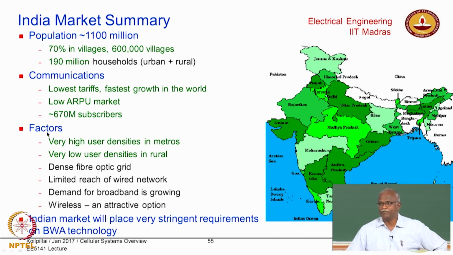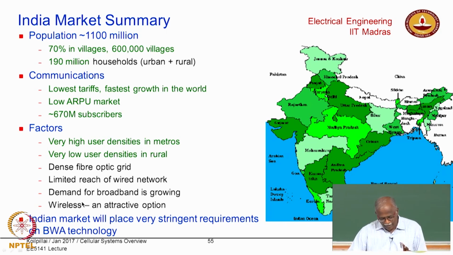The factors that affect the Indian market: we have very high user densities in the metros. Mumbai, Delhi, Chennai, so the densities are very, very high. That's why base stations have to be every 200 or 300 meters. But on the other hand, on the rural side, the densities are very sparse. The good thing is we will have an optical fiber grid running across the country called BharatNet, and broadband for most people is going to be wireless broadband because there is no other form of broadband.